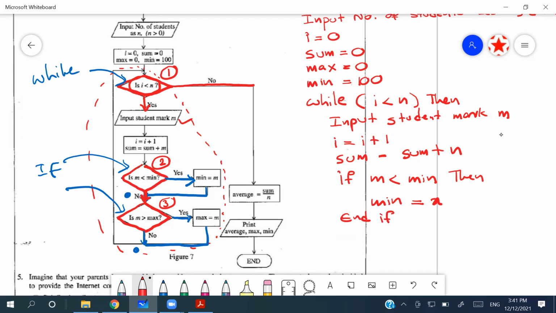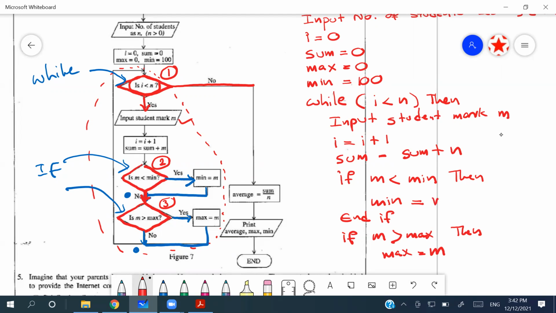After that, you will find another condition, so you have to come up with another if condition. There you can say if m larger than max, then max equals m.